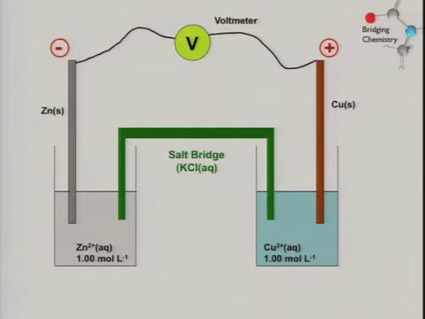If the voltmeter reads positive, and so the copper is the positive electrode and the zinc is the negative electrode, then what that tells you is that the electrons are going this way. They're going from the left-hand side to the right-hand side. If you like, the electrons which are negative are attracted to the positive electrode.